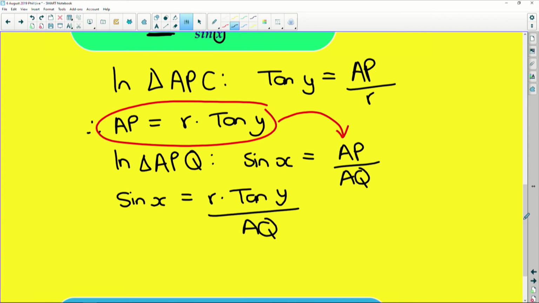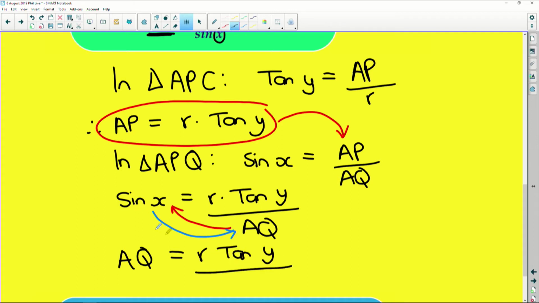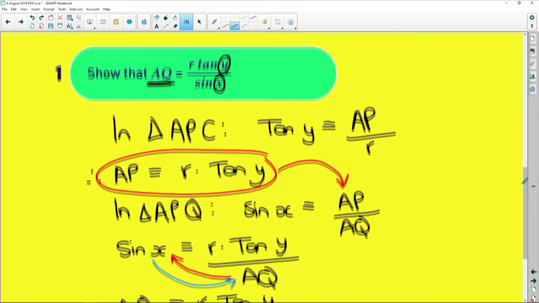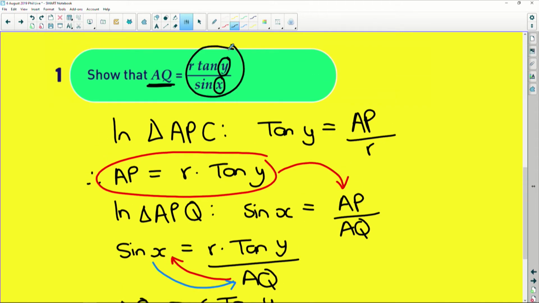If I multiply both sides by AQ and divide by sine of x, I get that AQ is equal to R tan of Y divided by sine of x. And that is exactly what we needed to prove up here.